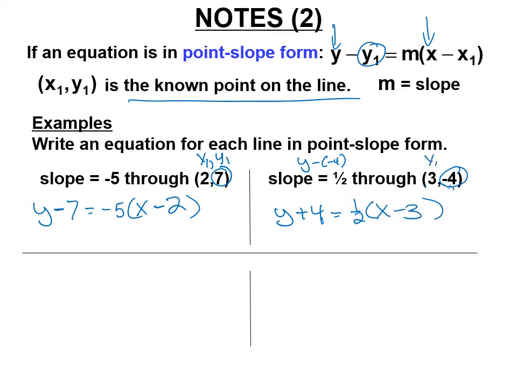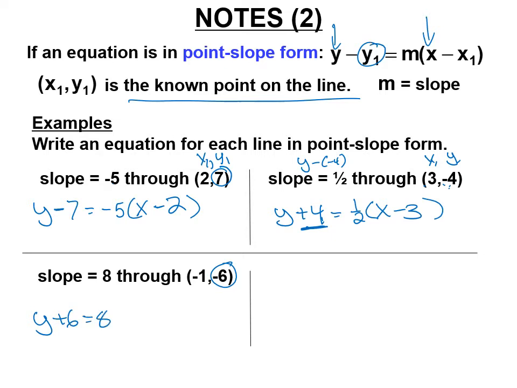That's x sub 1 and y sub 1. So this sign here is all going to be the opposite of that sign, whatever it is every time. Same thing here. We'll see that on the next one. So it's y minus -6, so it's y plus 6. The slope is 8, and then x minus -1 is x plus 1.